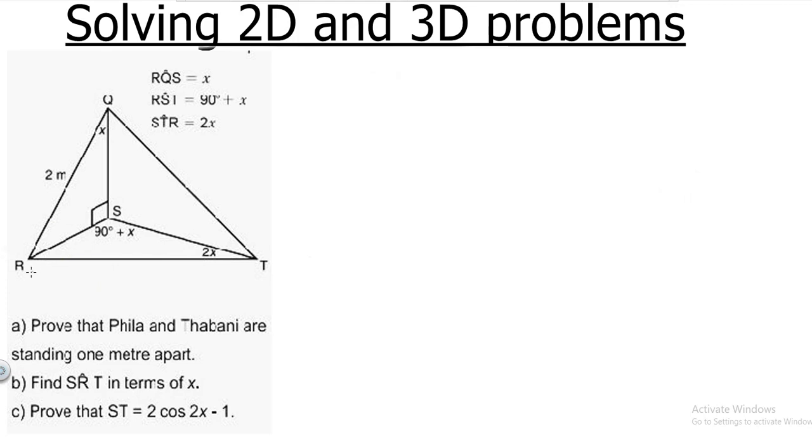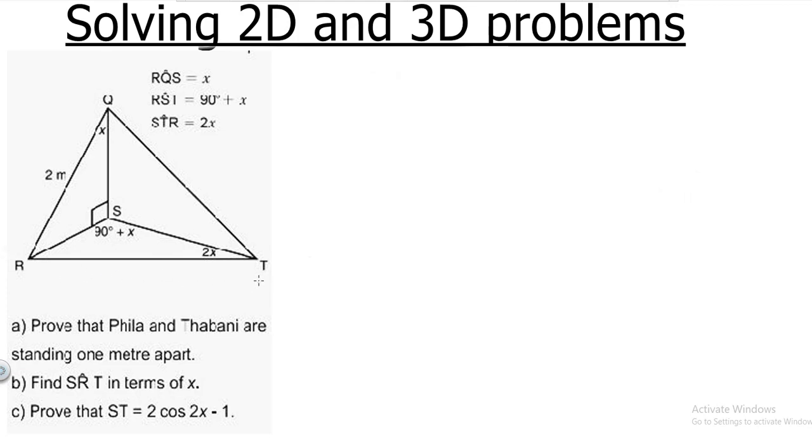Now the question is, this R point is represented by a pillar, and the T is represented by a tabani. So they ask, what is the distance between the tabani and the pillar? We have to prove that this man and this one man stand a distance of 1 meter apart.